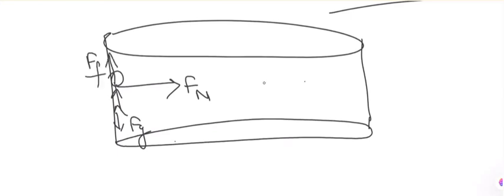Hence the person does not move. And this is your radius of the death well. Understood? Any doubts?